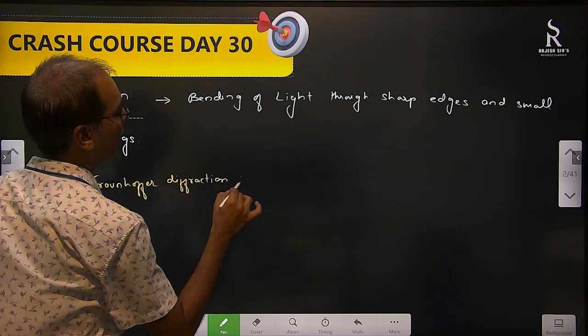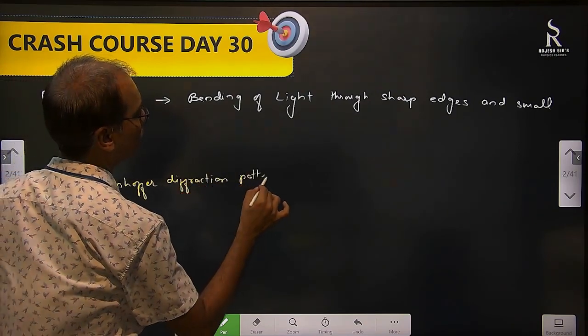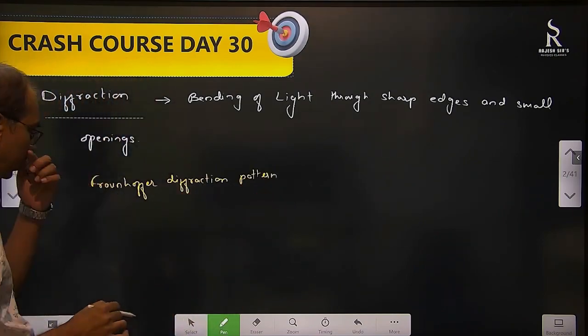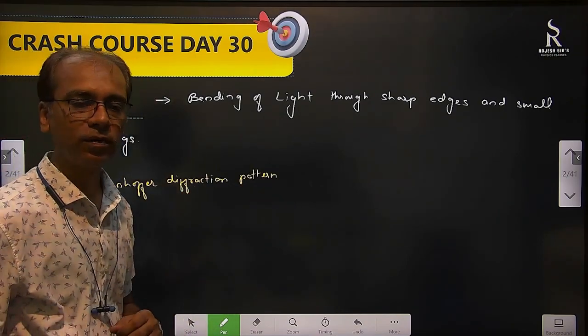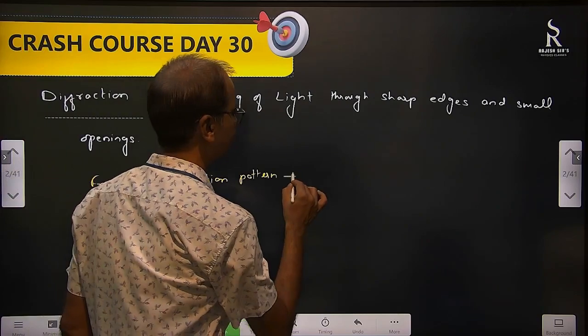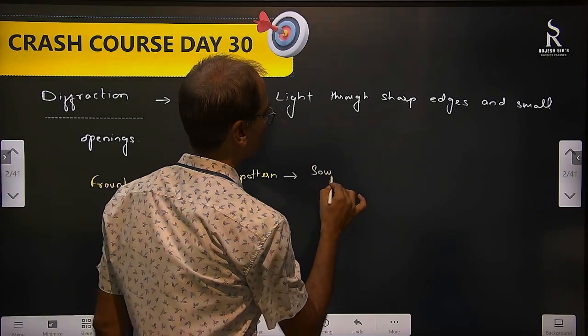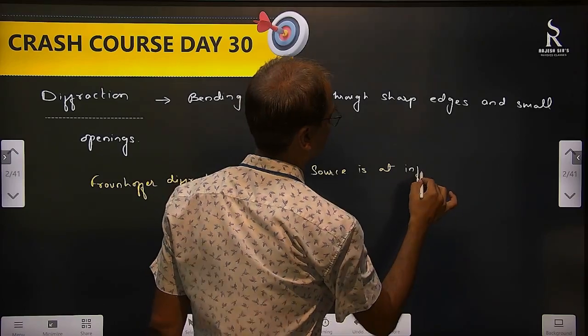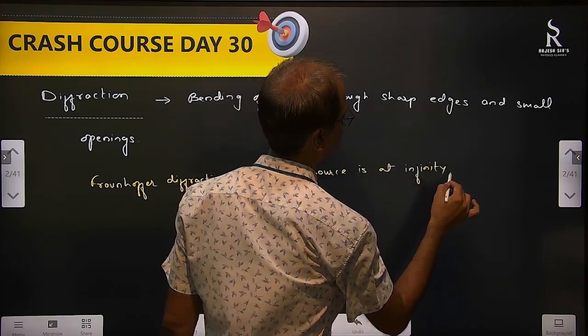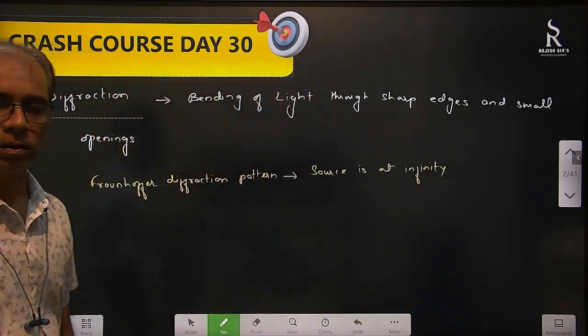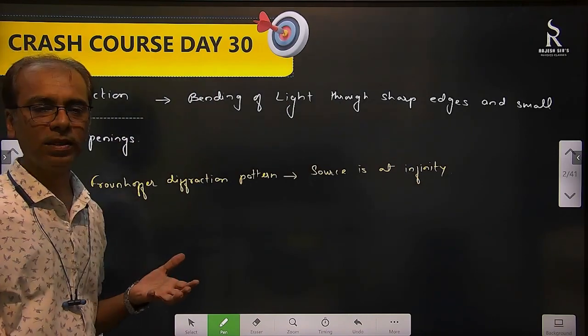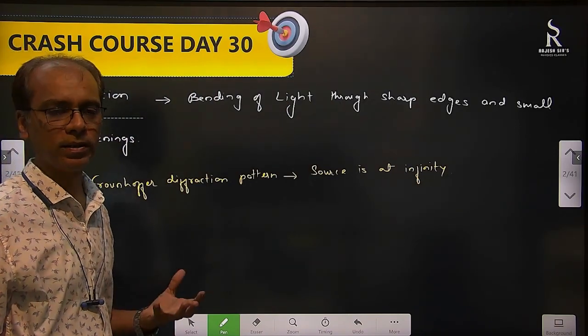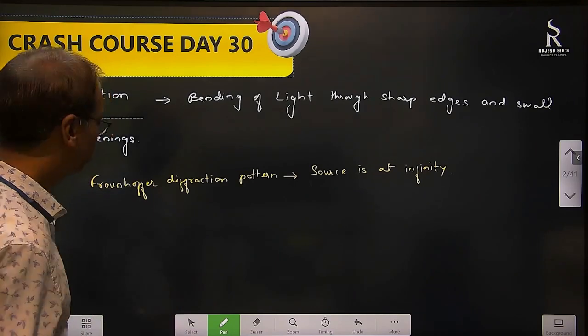What does he say? He says that we are going to consider plane wave front. That means the source is at infinite distance. Source is at infinity. Fresnel says when the source is placed at a finite distance. That we are not studying.